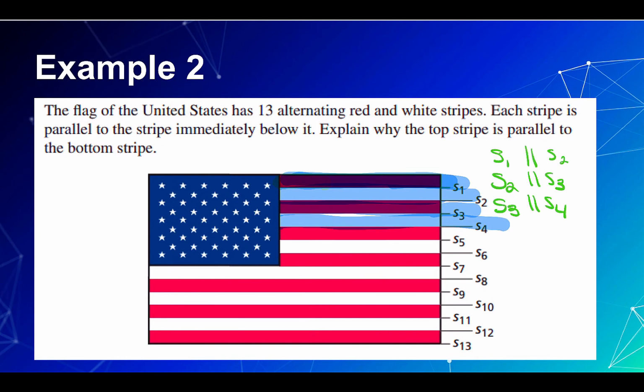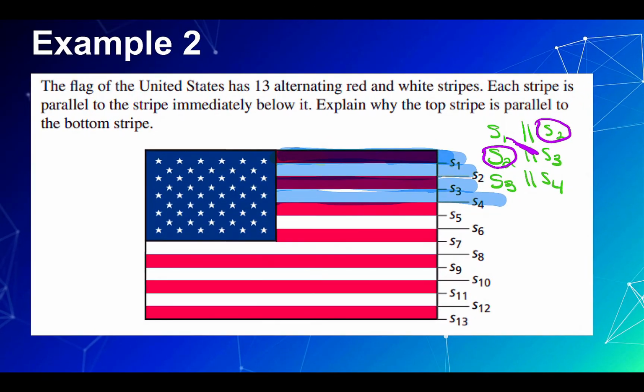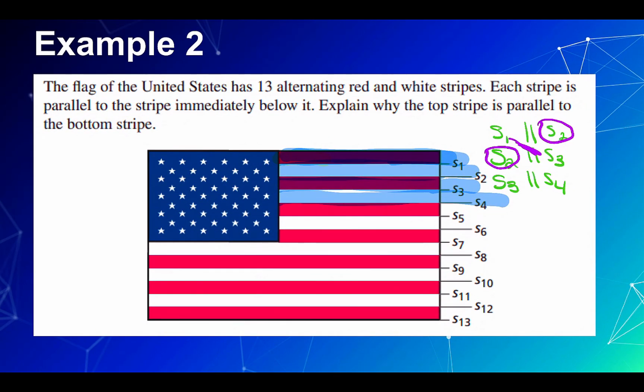So if I look at this, here I have S2 is parallel to S1 and it's parallel to S3. Therefore, S1 is parallel to S3. And I'm going to have the same thing with the rest of them all the way down the line. If we continue on, S4 is parallel to S5. S5 is parallel to S6.